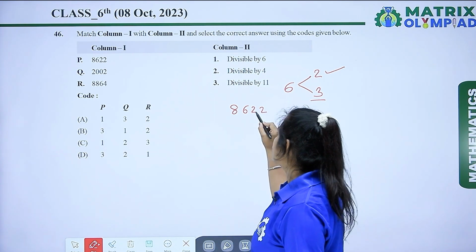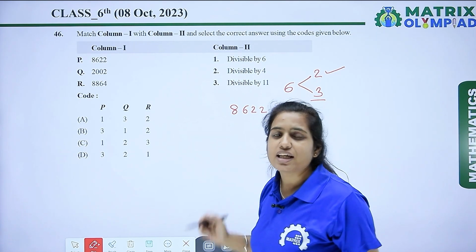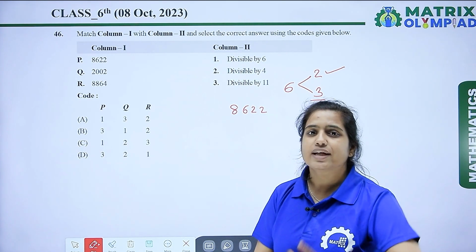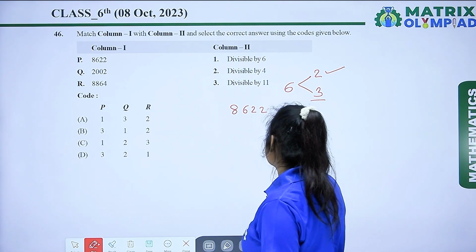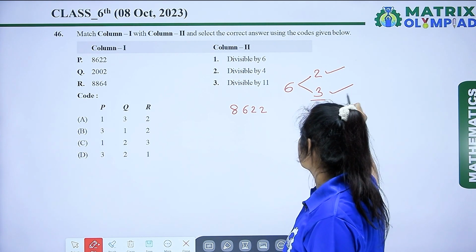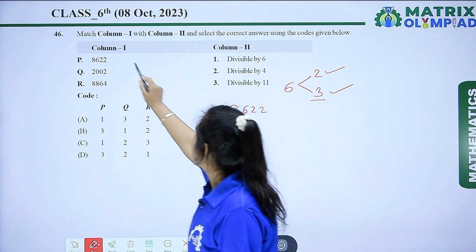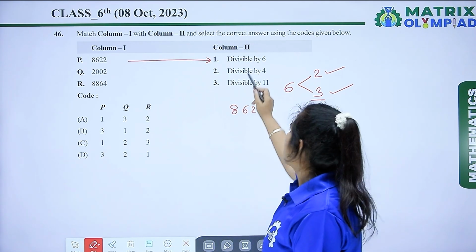So here 2 + 2 is 4, 4 + 6 is 10, 10 + 8 is 18, and if we calculate 1 and 8, then 1 + 8 is 9, and 9 is a multiple of 3. So this number is also divisible by 3. It means ये जो नंबर है वो 6 से डिवाइड हो सकता है.